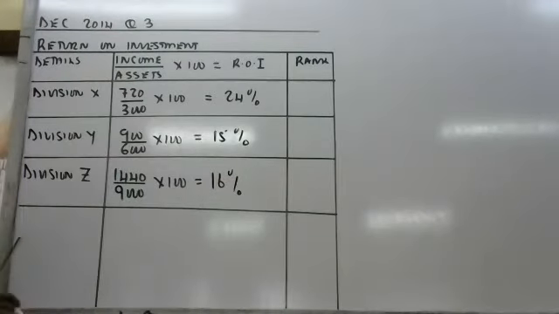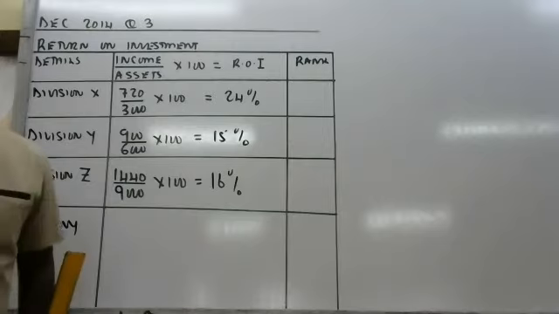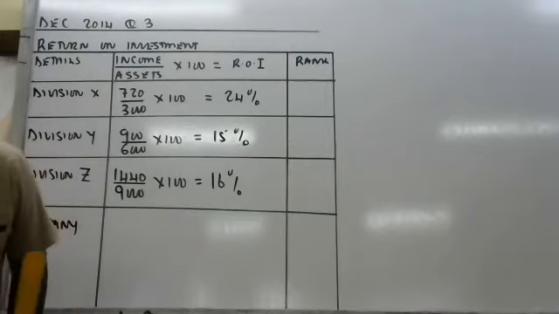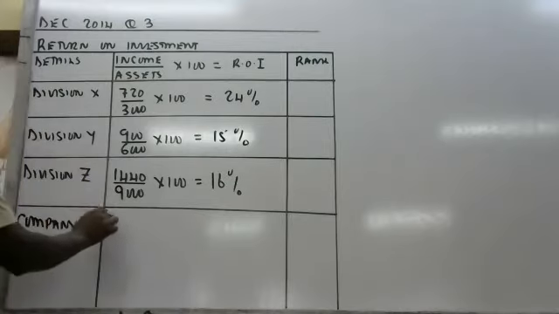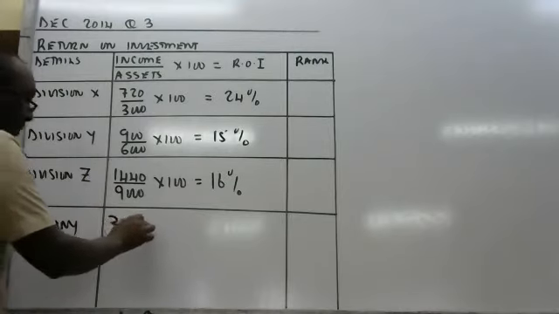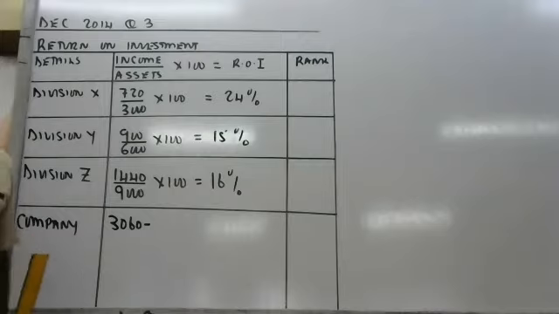Then we have the company. Now the company, the profit that you can see there is that 60. But now there are some additional expenses that you need to deduct.